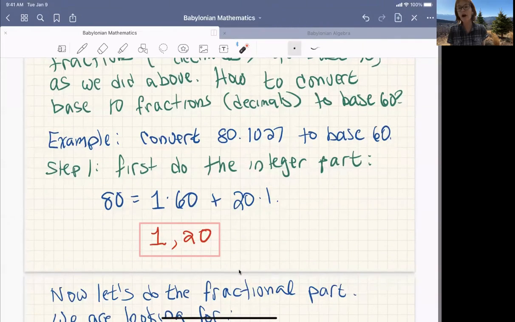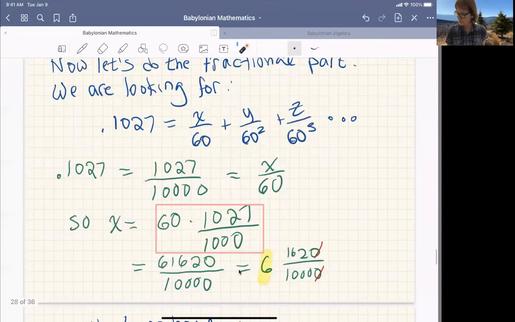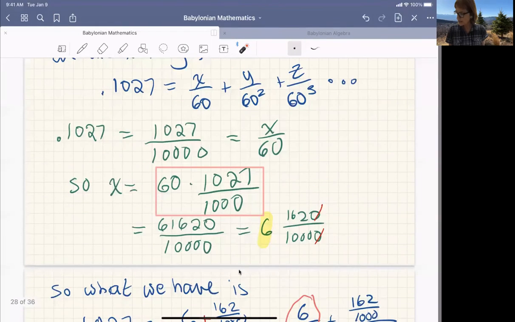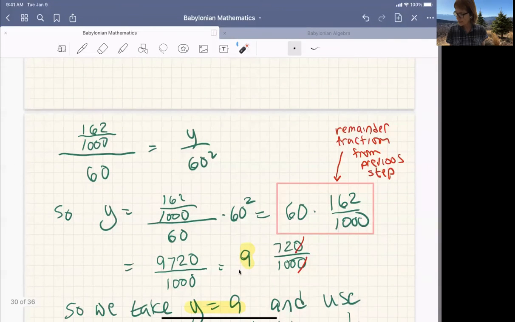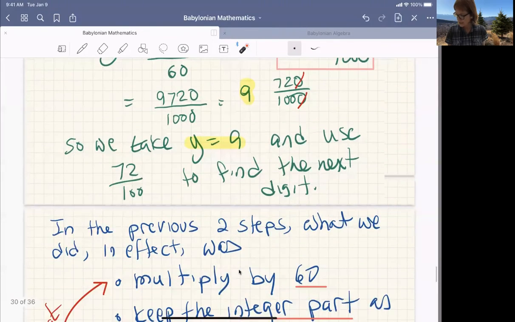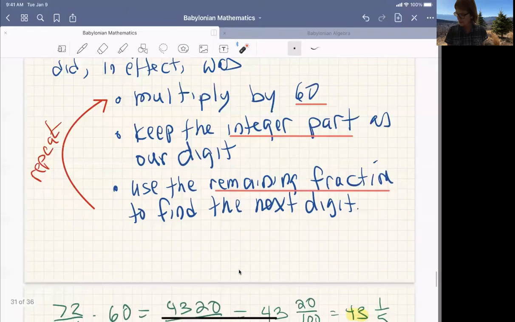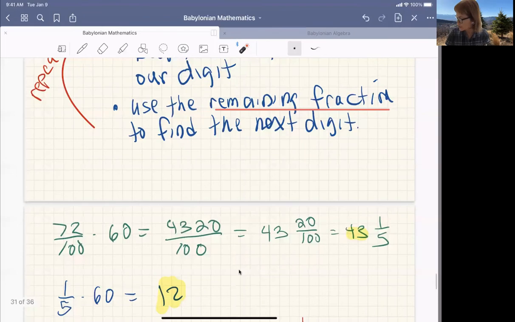The integer part was 120. X was 6. Y was 9, just the integer part. And then the next two digits are going to be 43 and 12.